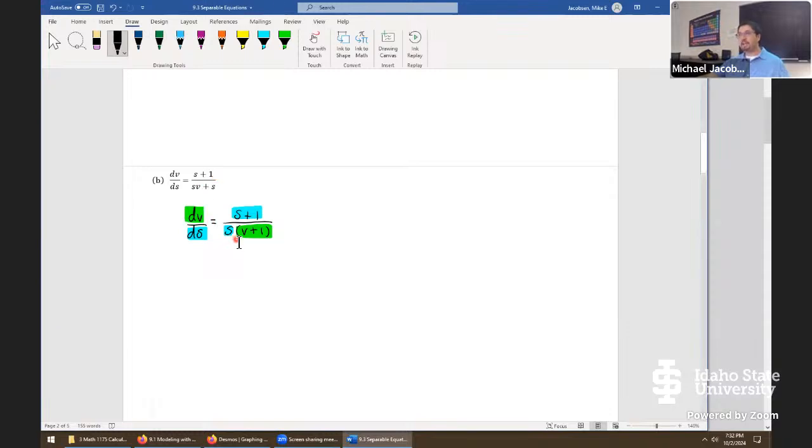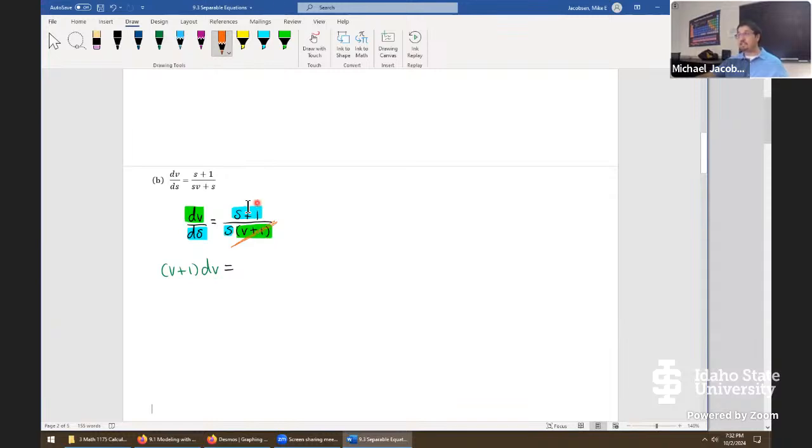So let's carefully make this work. Multiply v plus 1 to the left-hand side. So this will turn into (v plus 1) dv. It's going to be equal to, for the sake of visualization, I'm going to put this temporary mark right here because we just multiplied it on both sides.